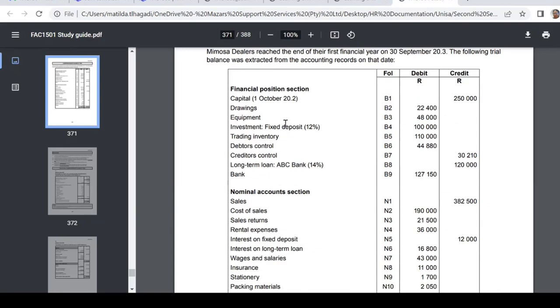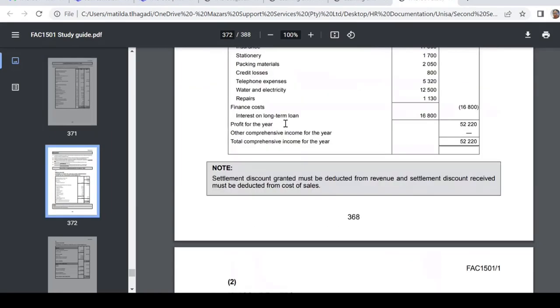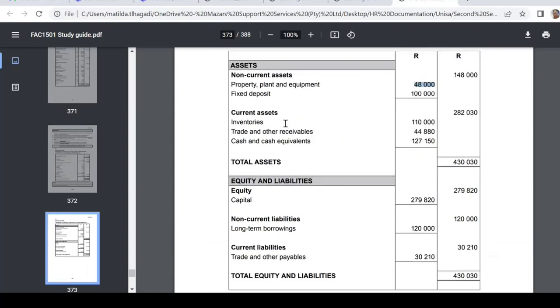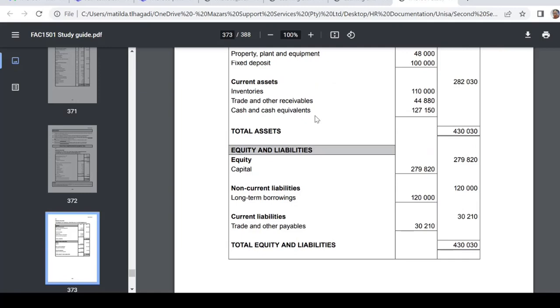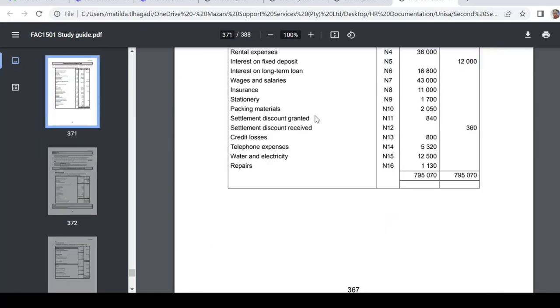Let's look at the fixed deposit. It's 100,000. So non-current asset in total is 148,000. So basically it's 48,000 plus 100,000. It's 148.